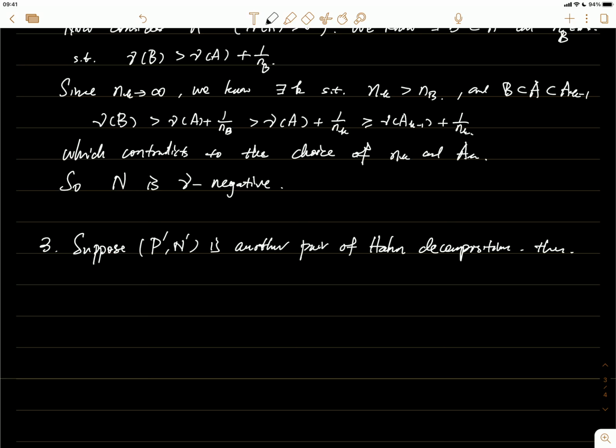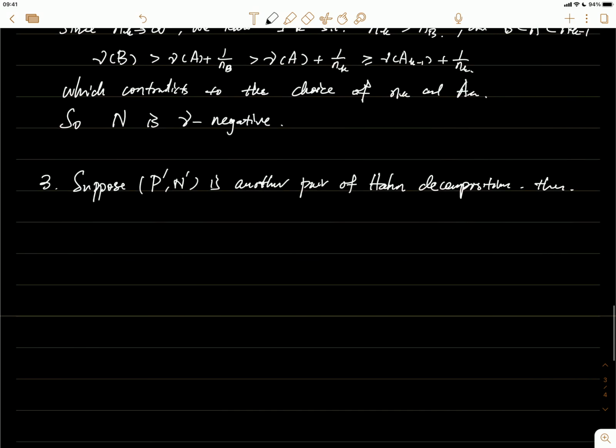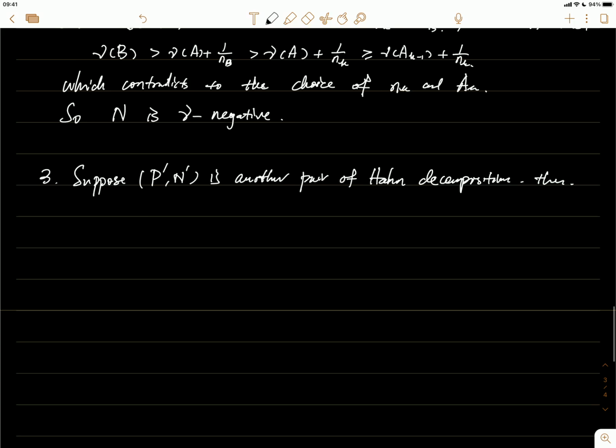Then we know that P minus P prime is a subset of P, so it's nu positive.